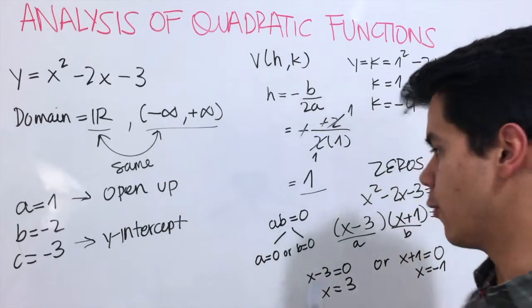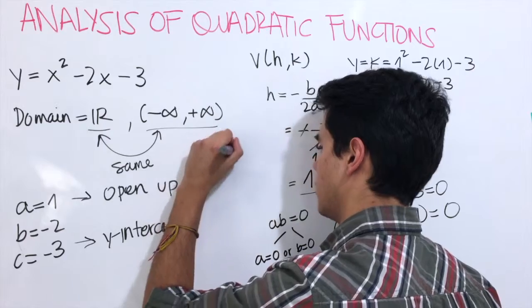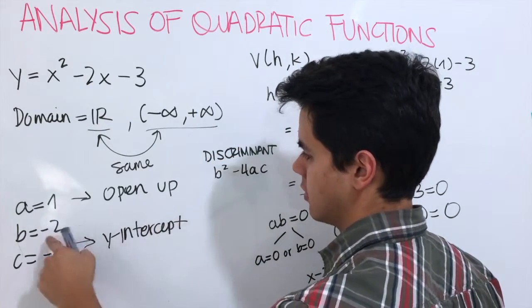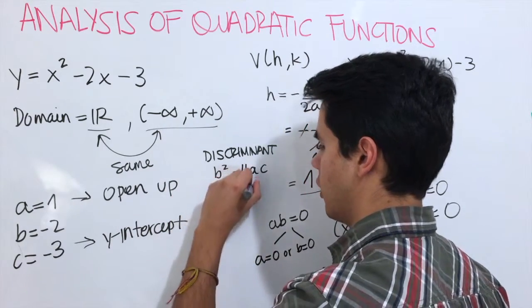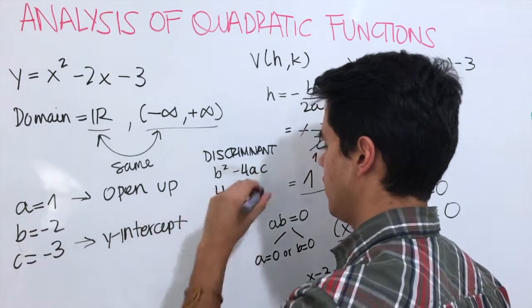Now let's make sure we get two zeros, so let's try the discriminant. So b squared is -2 squared, which is 4, minus 4 times a, which is 1, so I'm not going to put it in there, times c, which is -3.